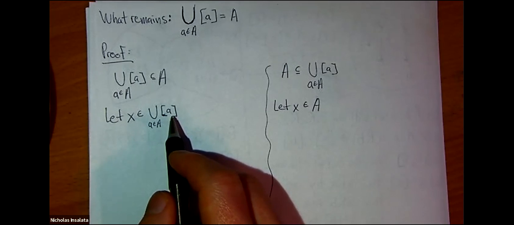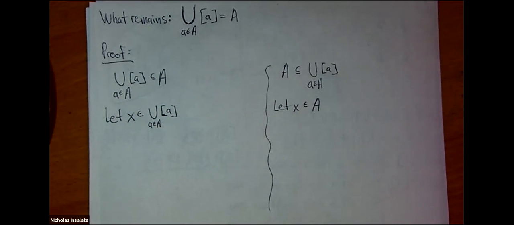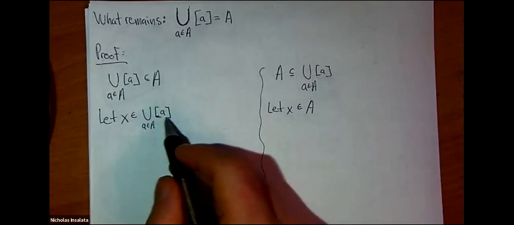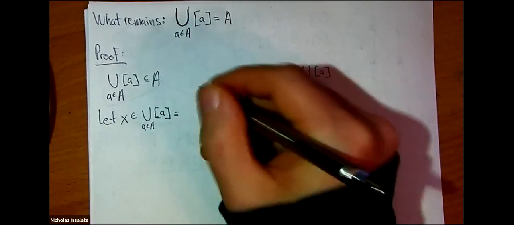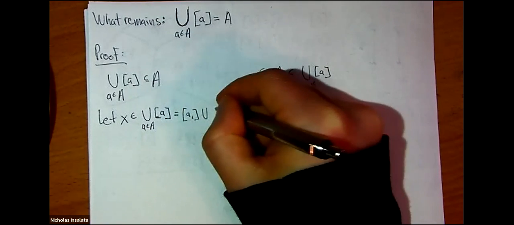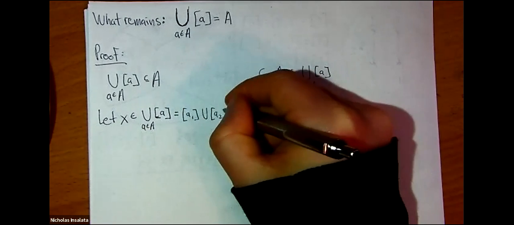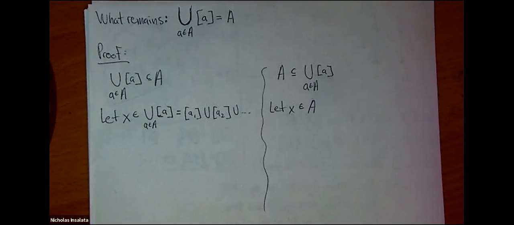So maybe we should label these. We'll say X is an element of this union, which is, let's do it like this, we'll call it little a1 union equivalence class little a2 union and so on.